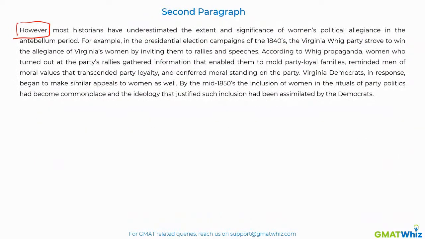Despite that, most historians, so now here the author is clubbing the ph, ph plus wh, and saying at least 50% of both, most historians have underestimated. Underestimate means drawn a low estimate, right? Drawn a low estimate of what? The extent, that is scope, and significance, that is importance, of women's political allegiance.